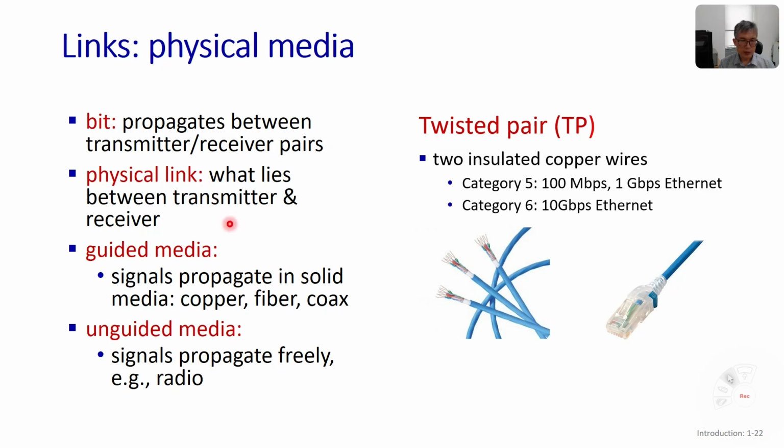In the guided media case, signals propagate in solid media such as copper, fiber, coax. On the other hand, in unguided media, usually wireless, signals propagate freely, like radio.